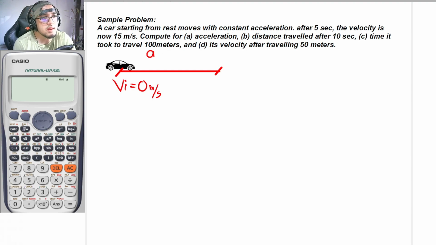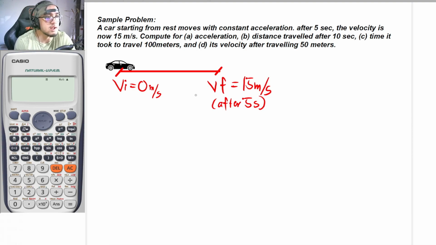After 5 seconds, the velocity is now 15 meters per second. So you would now be computing for the acceleration.